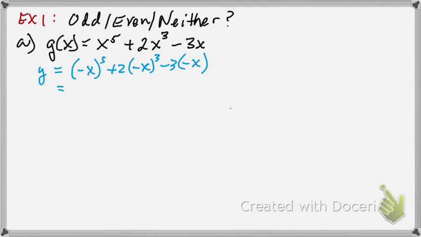And I've got, okay, negative x times negative x times negative x times negative x times negative x gives me negative x to the fifth. And then negative x times negative x times negative x for my cubed gives me negative x cubed. And then this would be plus 3x.